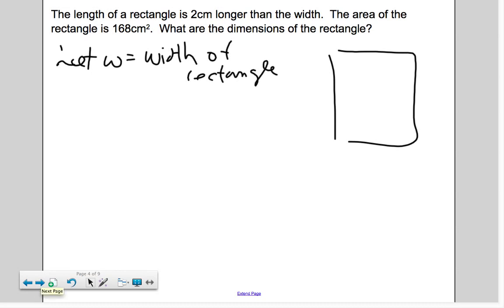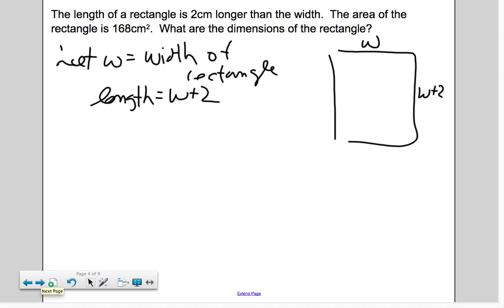So here is W. What do you think my length is going to be? The length here we're told is 2 longer than the width. So W plus 2.